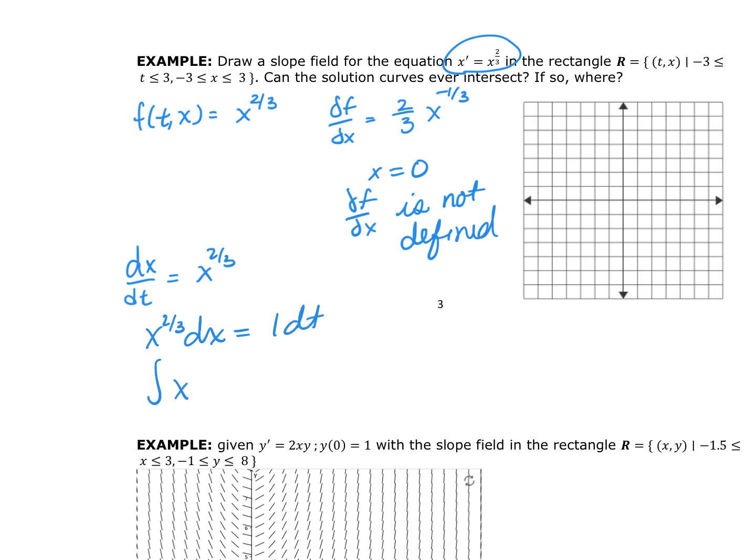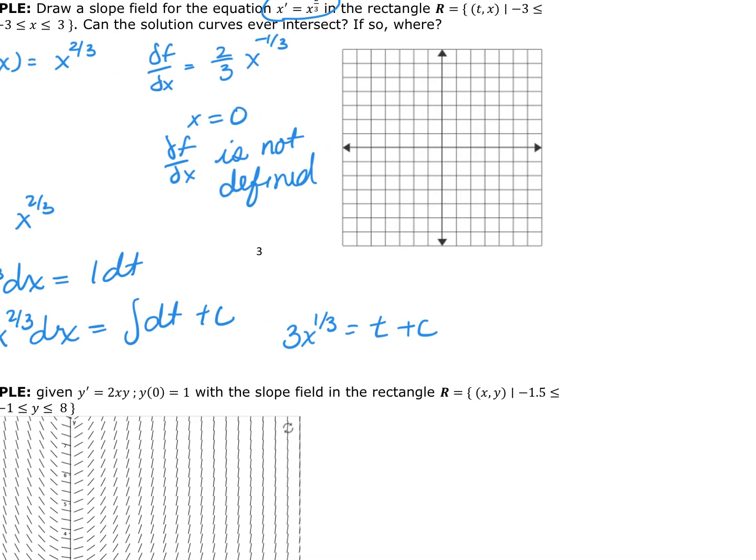The integral of x raised to the 2/3 dx is equal to the integral of dt plus c. And I'm going to end up with 3x raised to the 1/3 is equal to t plus c. And so I have x of t as a function is equal to (t plus c over 3) cubed.